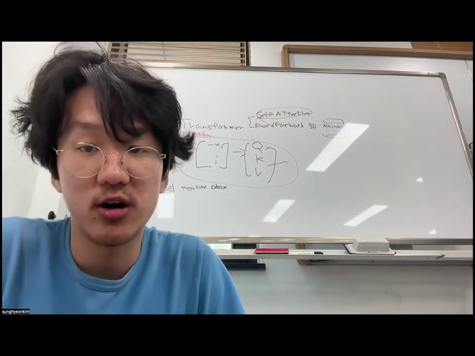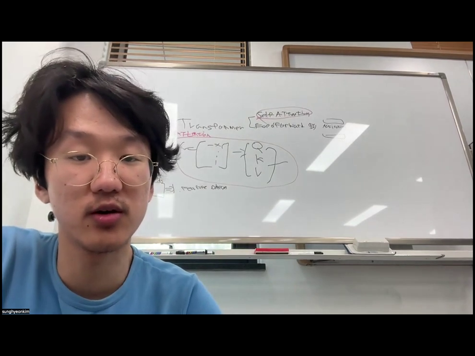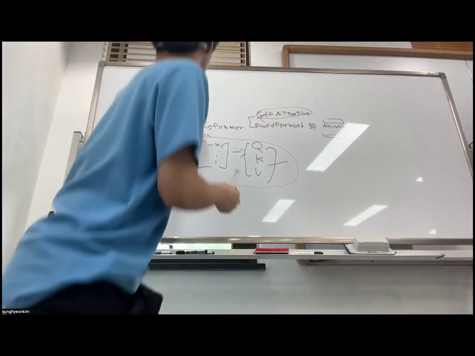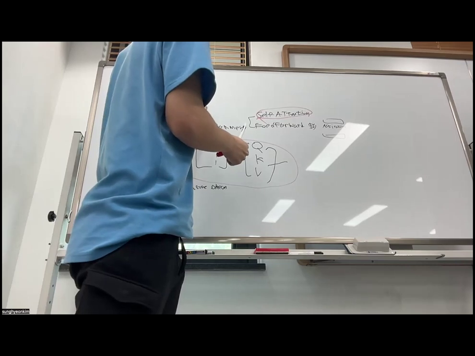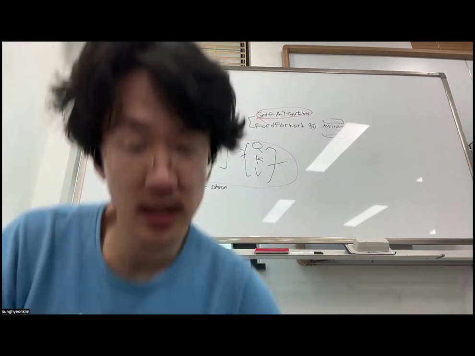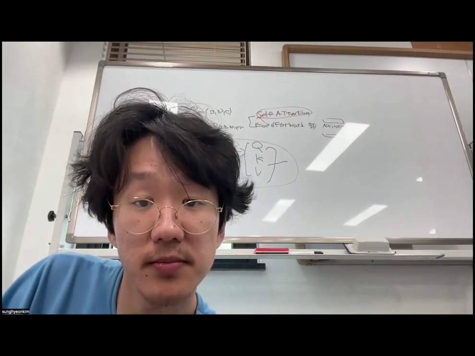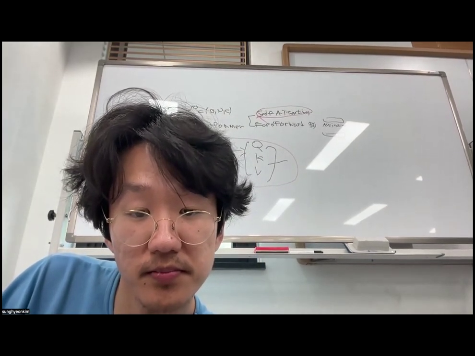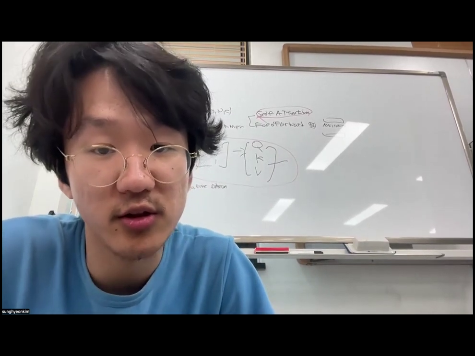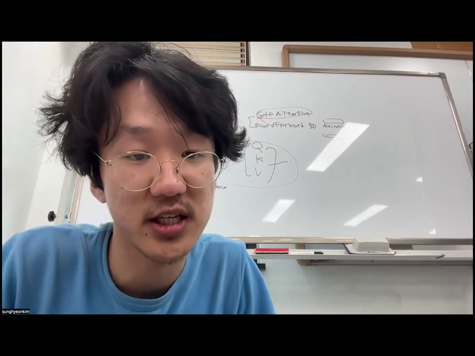So this is the core part. There will be Z, N equals B, T, and C, where B is batch size, T is token size, and C is channel size.